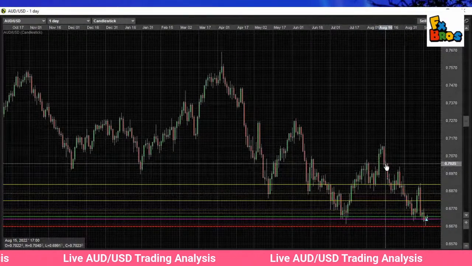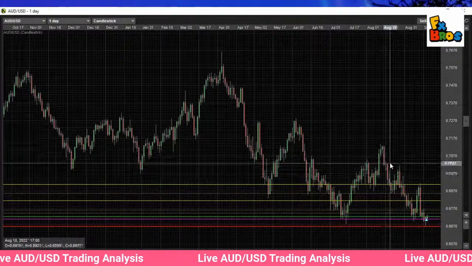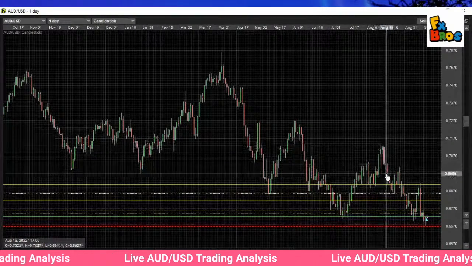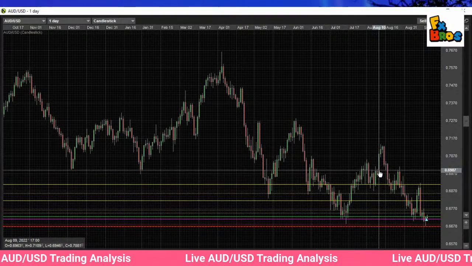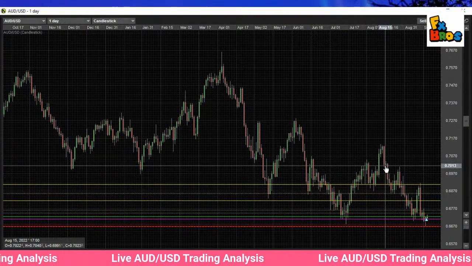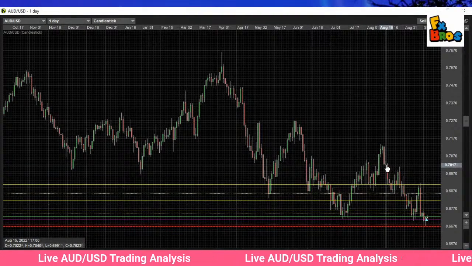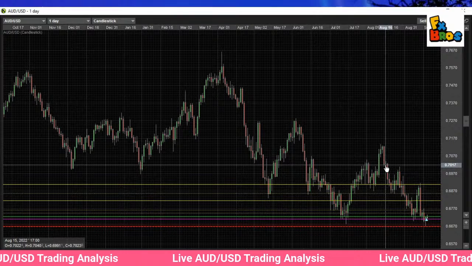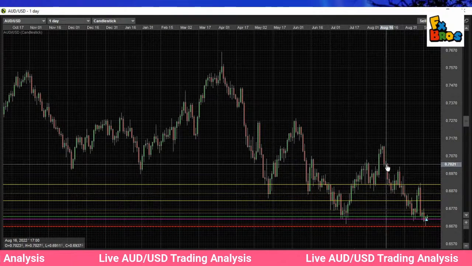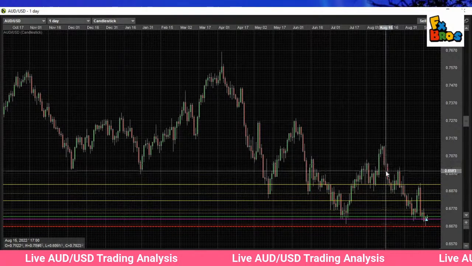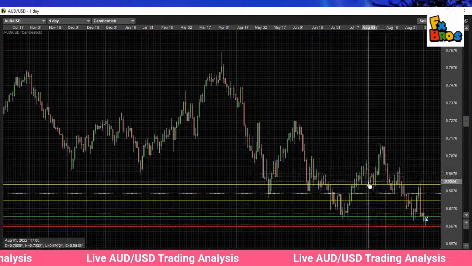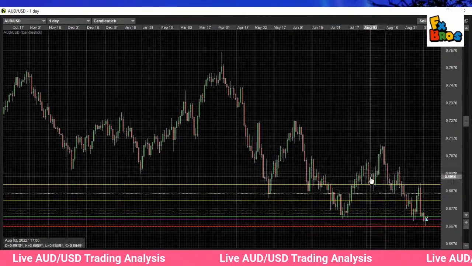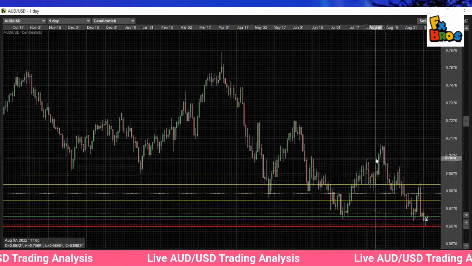Yeah, we had one little small indecision, but nonetheless, these 2 days right here took out a lot of days of price action, but it took 2 days pretty much. I would say 3, but I don't know if that was a Friday. I have to look into August 16th, see what that was. But nonetheless, these 2 days took out a lot of price action and came back into this little consolidation zone or whatever.